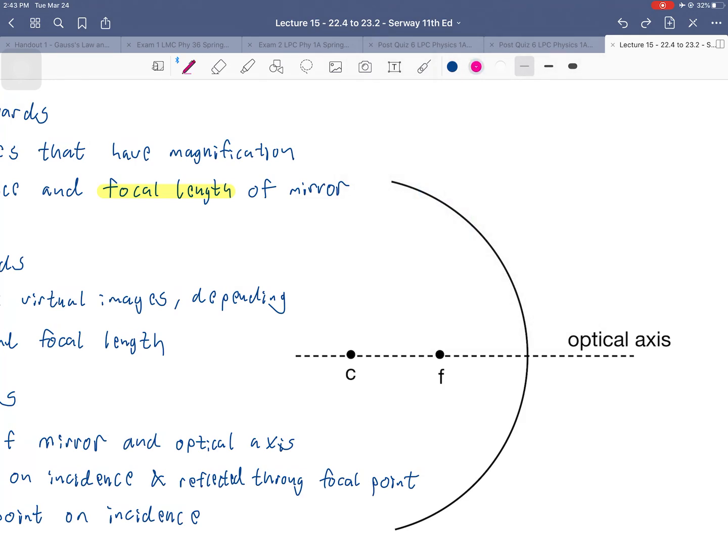So we'll have our pink object. So I'm going to put it over here. All right, and then we'll draw our 3 principal rays. 1, 2, and 3. All right, so let's just go through them at a quicker pace. Okay, so here's principal ray 1. That's just following the law of reflection.